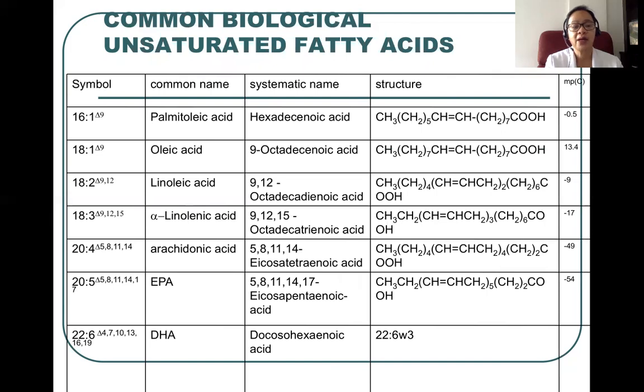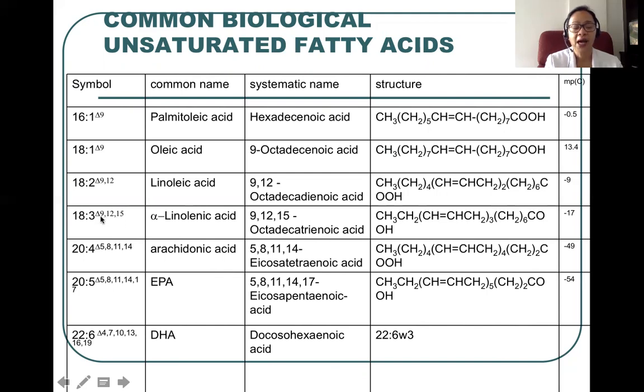Okay, whereas this one, your unsaturated fatty acids, so you have these different symbols, but as you look at it, there are delta symbols. Okay, look at the alpha linolenic acid. So you have 18 carbons, 3 double bonds, and then you have delta 9, 12, and 15. So what does it mean?